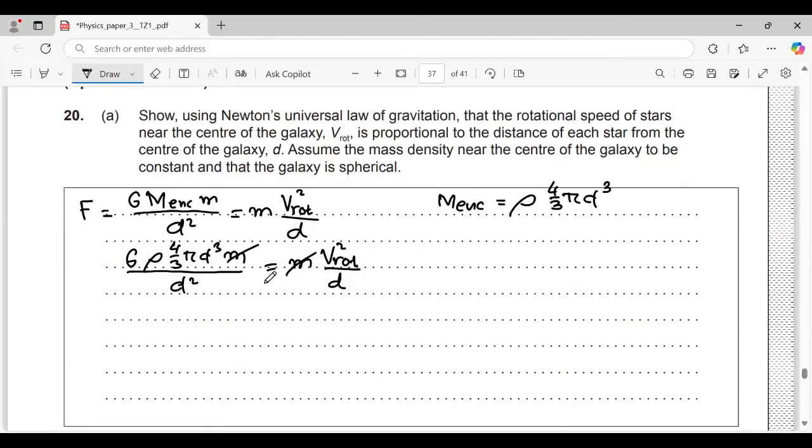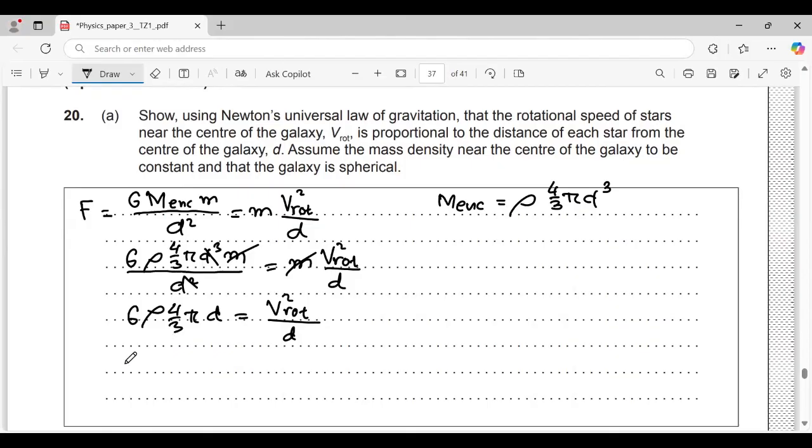The m divides out, and so on. So it becomes G rho 4/3 pi d equals v root squared over d.